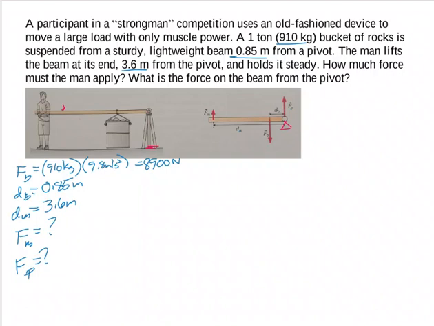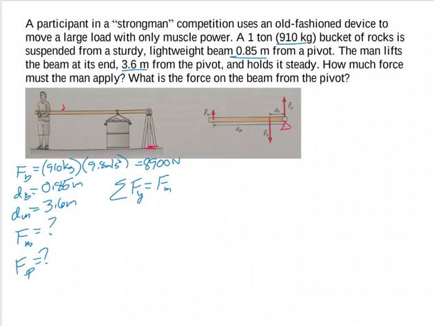Okay. All right, so what we need to do now is do a sum of the forces and a sum of the torques. So we need to do sigma forces, and these are all in the y direction. So we have the force of the man going up, so that's a positive.